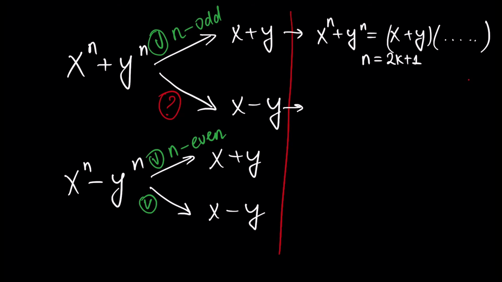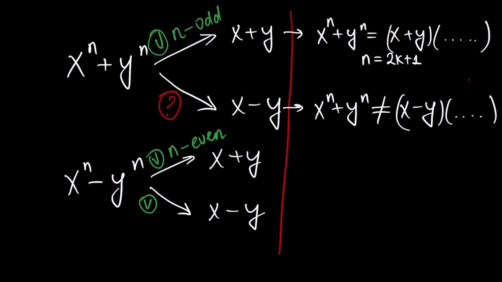Here we have nothing. So in other words, x to the power n plus y to the power n cannot be represented as x minus y times some polynomial.